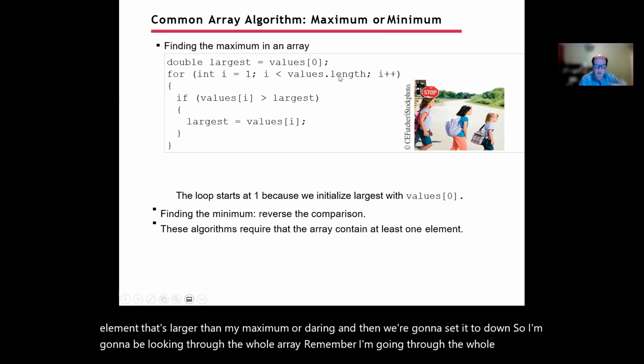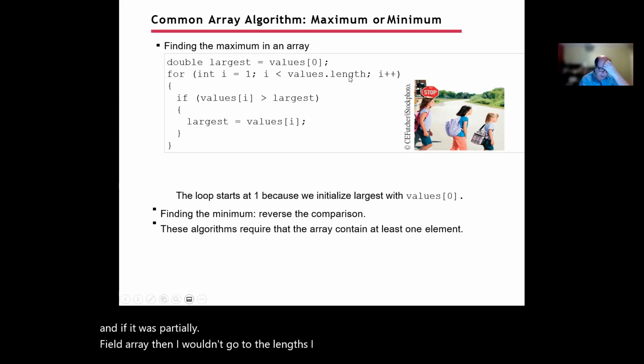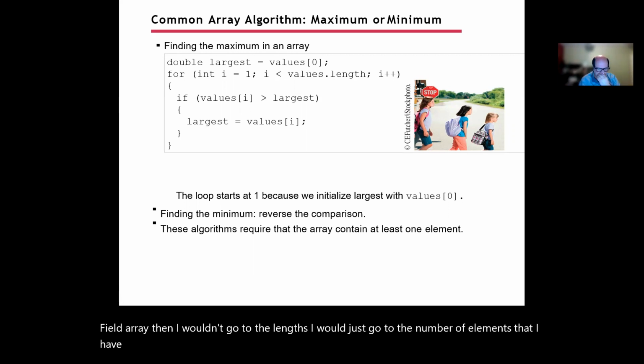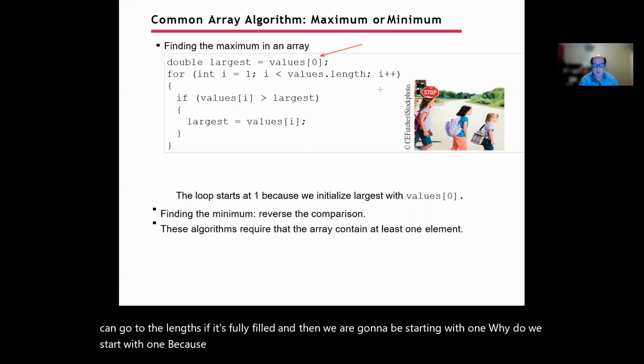If it was a partially filled array, then I wouldn't go to the length. I would just go to the number of elements that I have, which we call current size. So we could go to current size if it's partially filled, or to the length if it's fully filled. And then we start with 1. Why do we start with 1? Because we already used 0 over here.